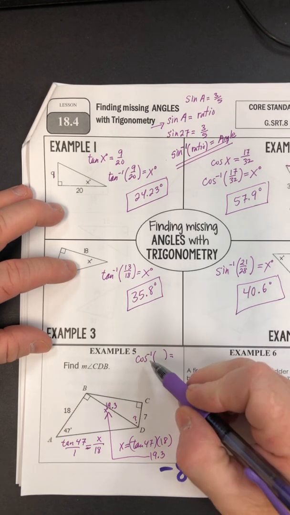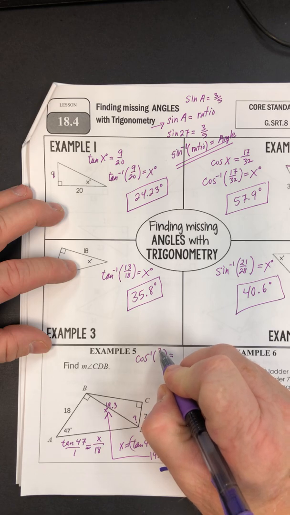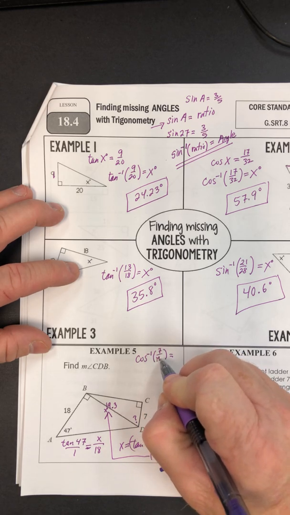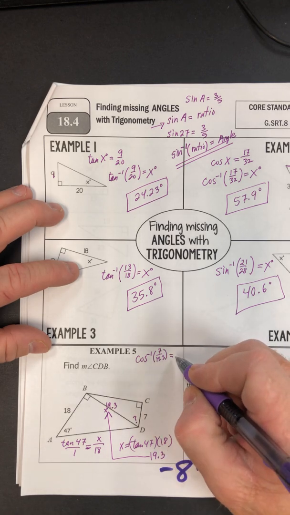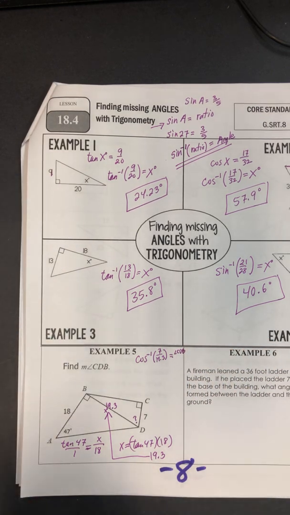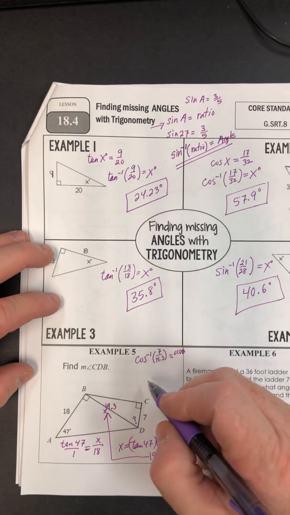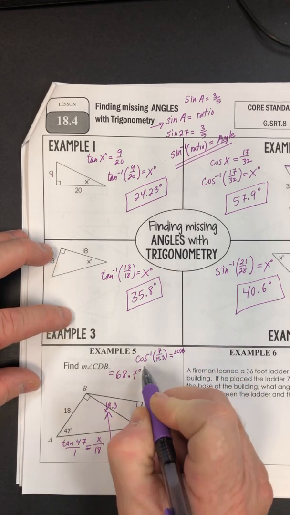Inverse cosine of the ratio adjacent over hypotenuse equals the angle, and the angle is angle CDB. So on my calculator, second cosine, 7 divided by 19.3, close that, enter, 68.7. So this should equal 68.7 degrees.